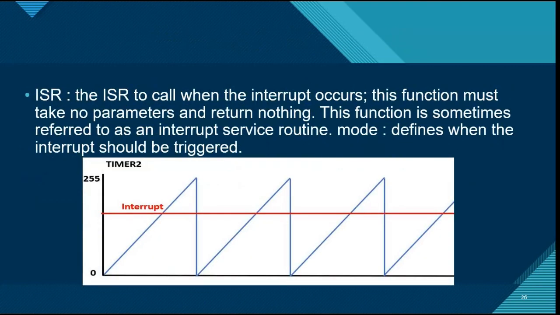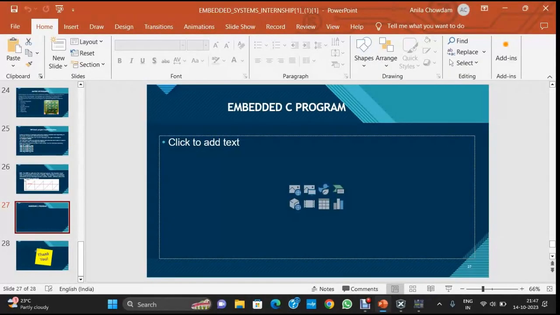This is the interrupt service routine to call when the interrupt occurs. This function must take no parameters and return nothing. This function is sometimes referred to as an interrupt service routine, and the mode defines when the interrupt should be triggered. Now we can see the simulation process, how the microwave oven works.